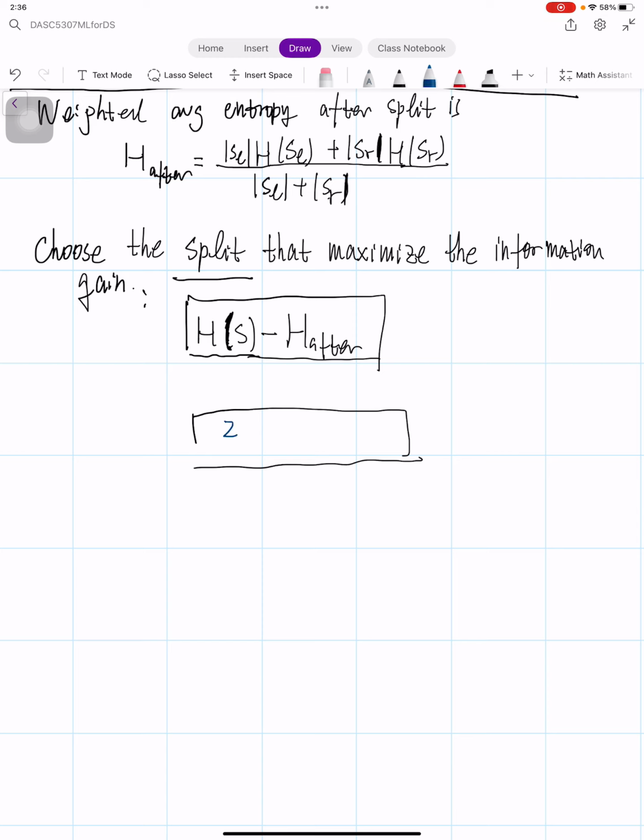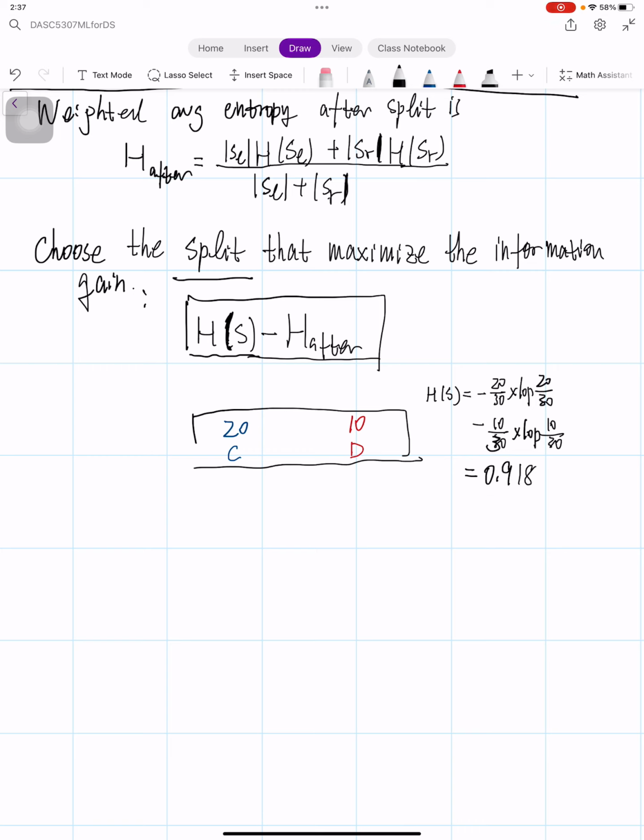We have 20 cases labeled as C, and we have 10 samples labeled as D. So now the information of this H S is given by negative 20 over 30 multiplied by log 20 over 30, minus 10 over 30 times log 10 over 30, which you can calculate with a calculator.